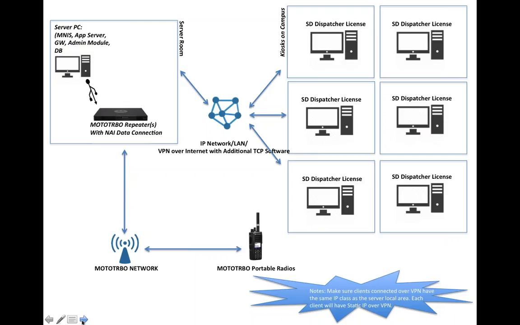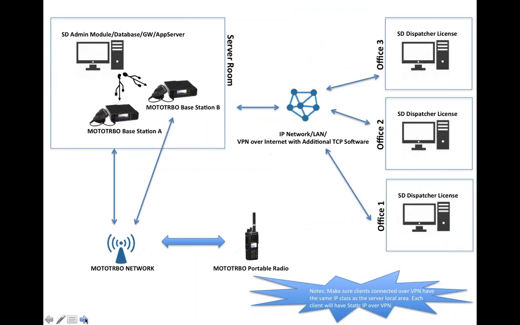Okay. Here's another example for you to see where, instead of NAI enabled repeaters, we have base radios instead. So some of this information can be found in the Motorola System Planner, but just to give you a brief overview, Moto Turbo repeaters have two separate slots, slot A and slot B, and those can be utilized for voice and data.